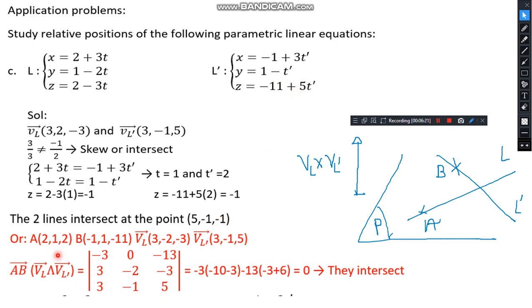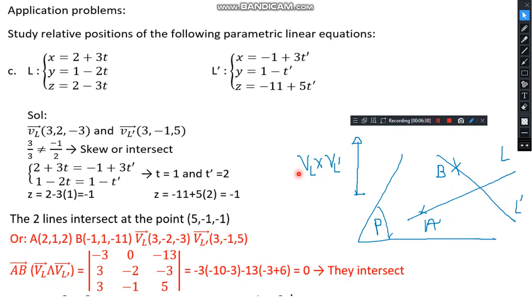Or you have another method. If two lines intersect, it means they form a plane, because two intersecting lines form a plane. That's why we can do the box product. Line L is parallel to vector VL, line L prime is parallel to vector VL prime.